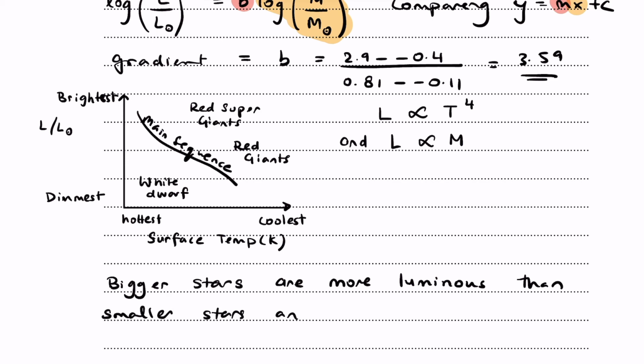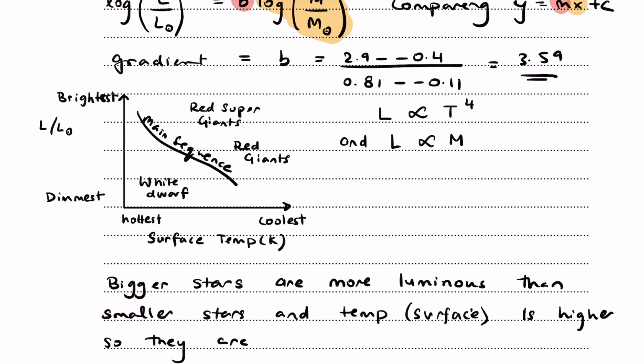And the surface temperature is higher as well for more luminous stars. Okay, so that means the hotter stars have a bigger mass to start off with.